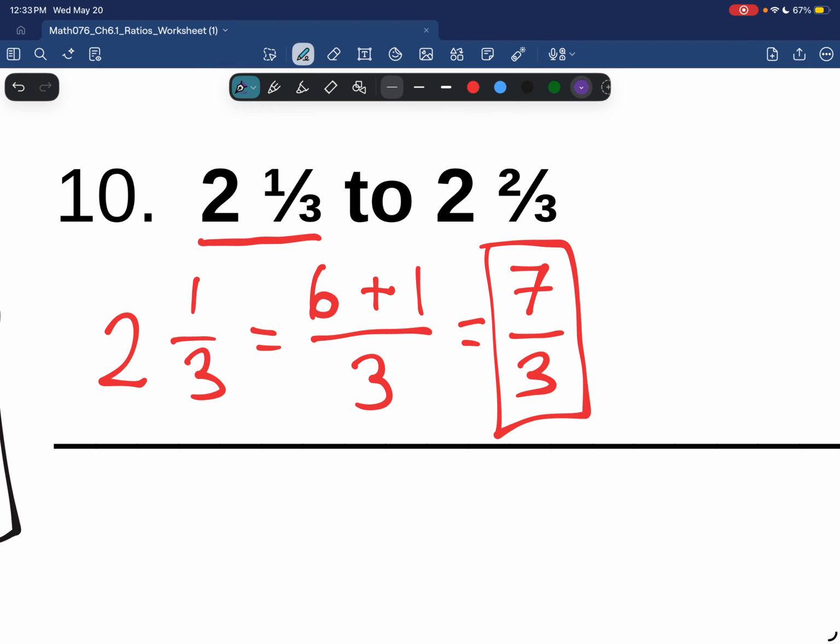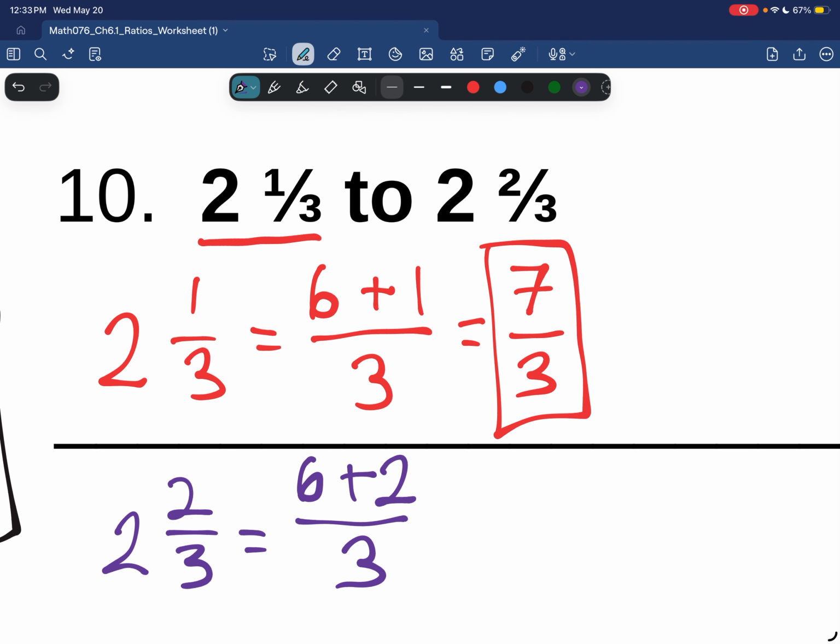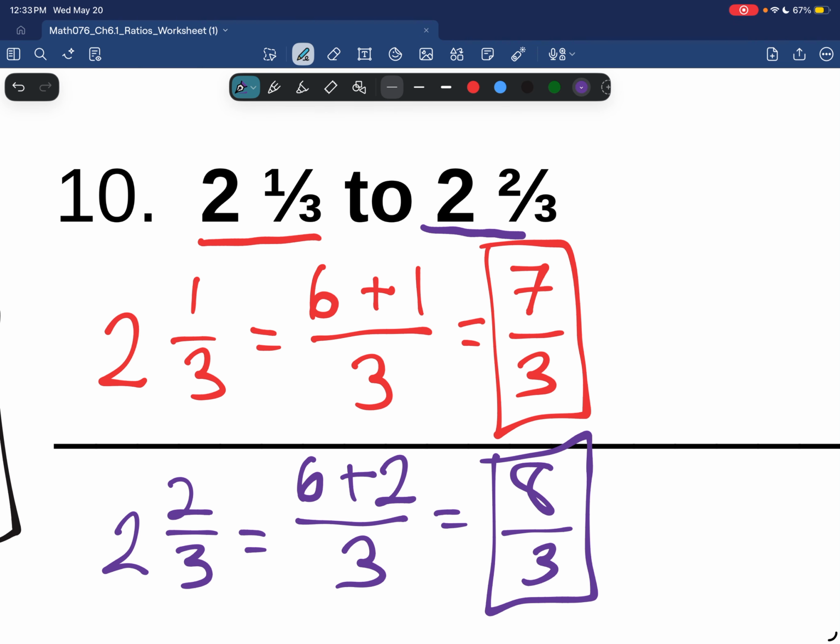Okay? And then my second one, 2 2/3. I want to convert into an improper fraction, all over 3. 3 times 2 is 6, plus 2 gives me 8/3. That's my second fraction, okay?